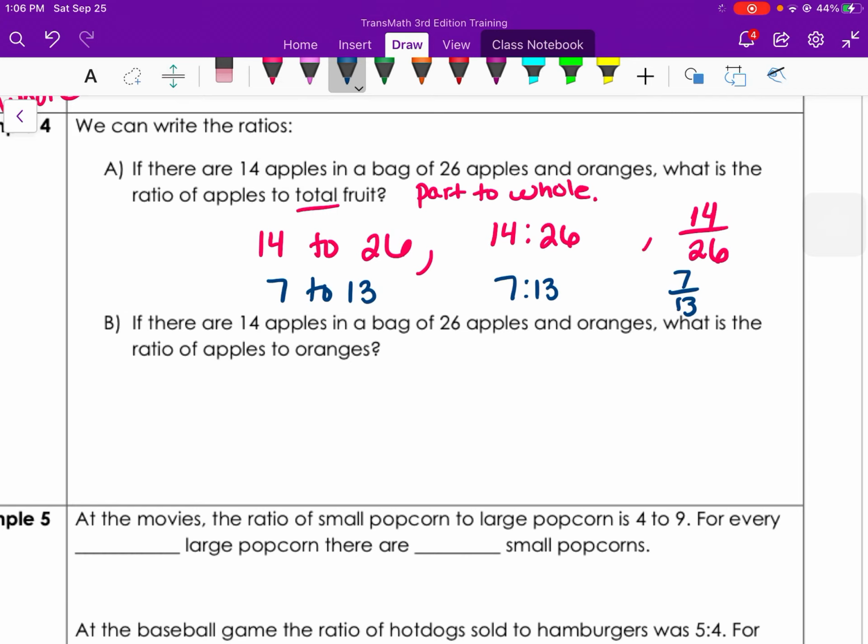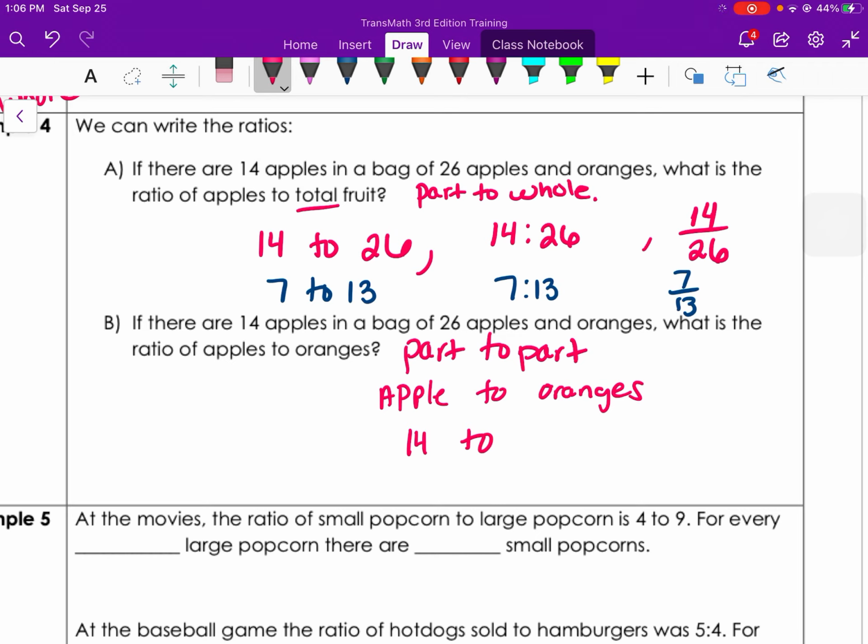If there are 14 apples in the bag of 26 apples and oranges, what is the ratio of apples to oranges? This is a part to part relationship because we're comparing apples and oranges in a total of apples and oranges. If we're comparing apples to oranges, then there are 14 apples to, there were 26 total, take away the 14 that were apples, that leaves me with 12 that are oranges.